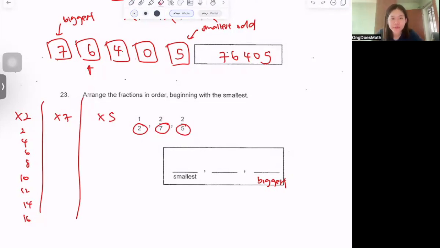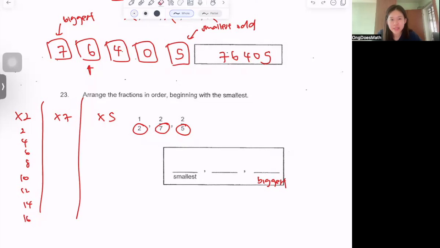Usually for this type of question, we would go and find the lowest common multiple. But as you can see here, it will take you a very long time, or more like the lowest common multiple will become very big.